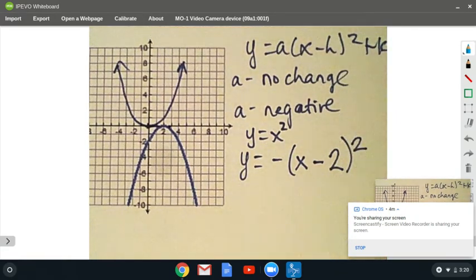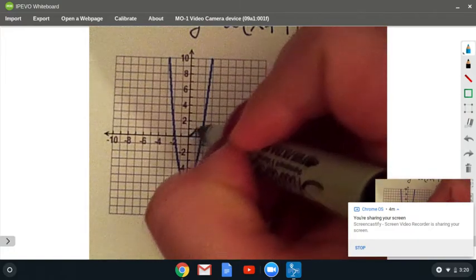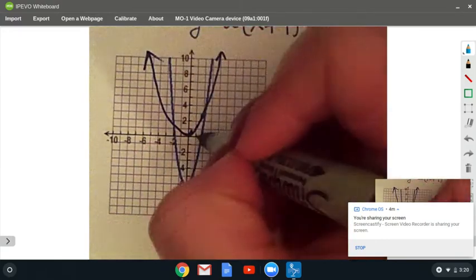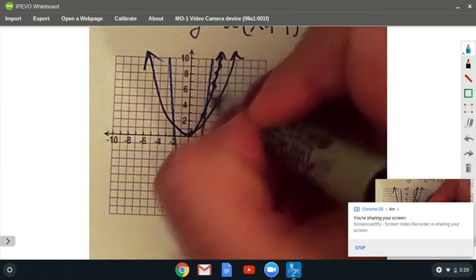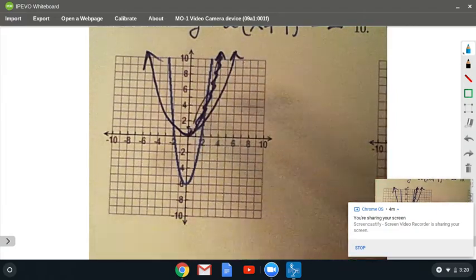Okay. Let me do one more example because this one doesn't go left or right. It does, however, seem like it gets skinnier. That wasn't my greatest sketch, sorry. Ignore this line.